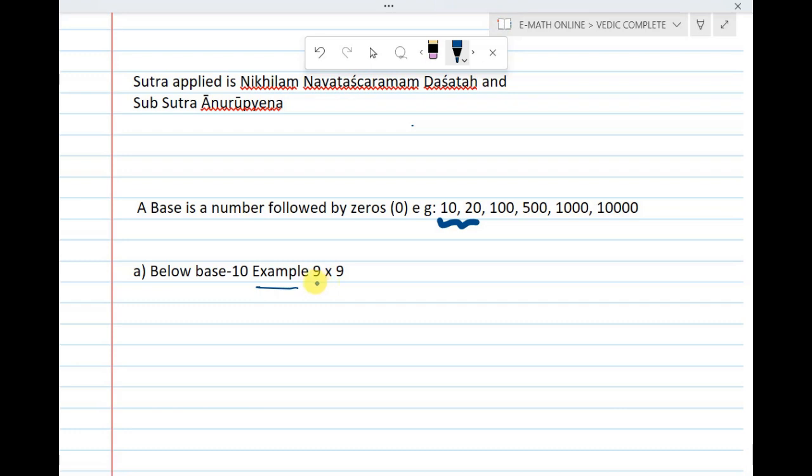Below base 10, let us consider two numbers, 9 into 9. What is the difference from the base? Deficiency is calculated by number minus base. The number was 9, the base was 10, so the deficiency was minus 1.